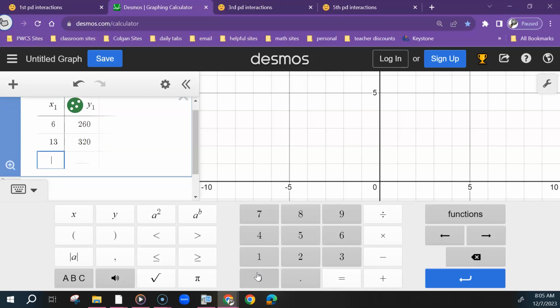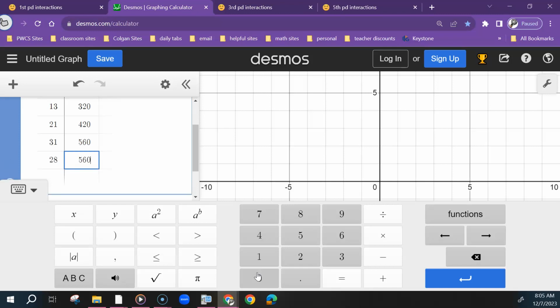Plus table. 21 and 420. 31 and 560. 28 and 560. 20 and 440. And 25 and 500.